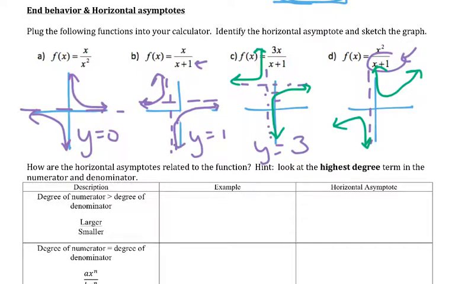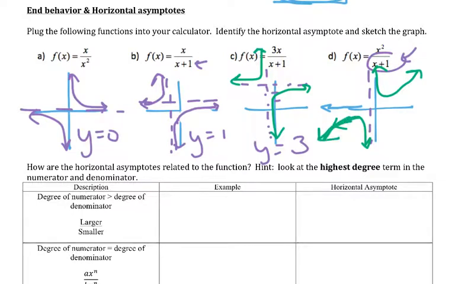Okay, so the question is, what is the horizontal asymptote here? Remember, a horizontal asymptote is a line that your graph approaches as you go to the ends. So as we're moving to -infinity here, where is our function going? Well, this function is actually going down, and it's going to keep going down.